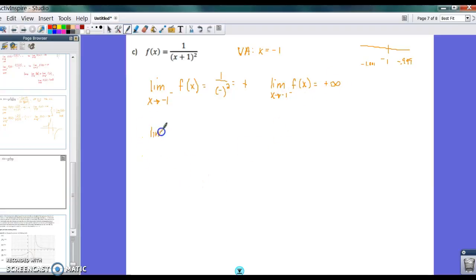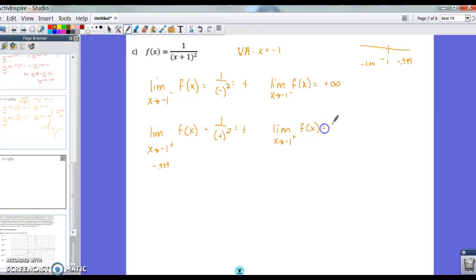Let's do the same thing from the right. So as x approaches -1 from the right, that would be like -0.999 is what I'm plugging in here. That's going to give me a negative number, and when I square that, I get a positive number. So the limit as x approaches -1 from the right is also going to be positive infinity.